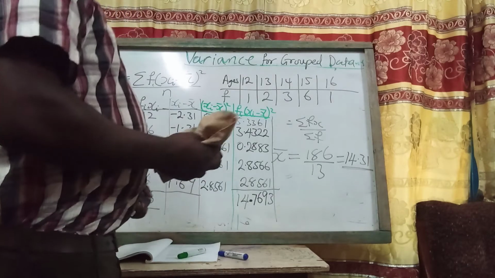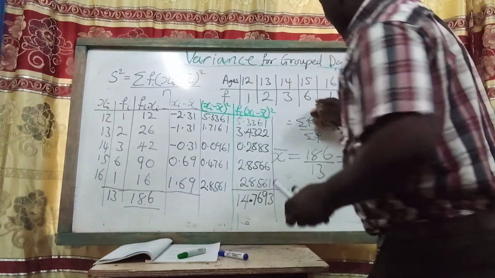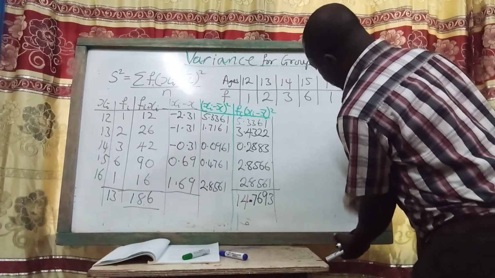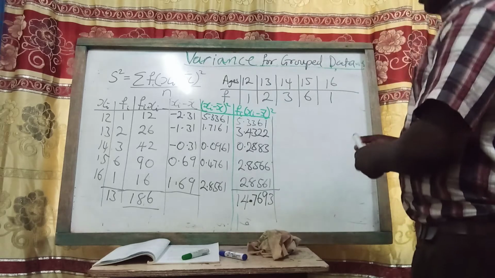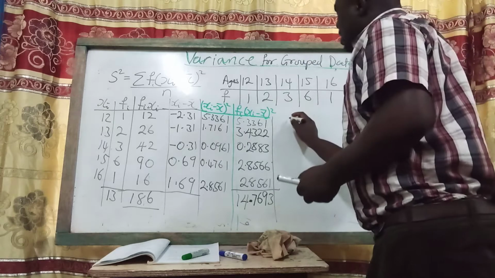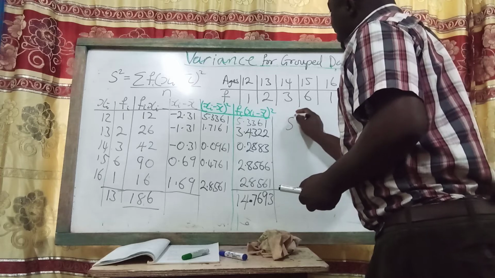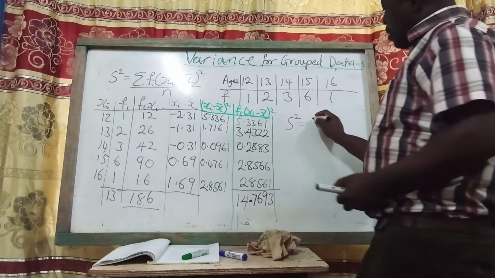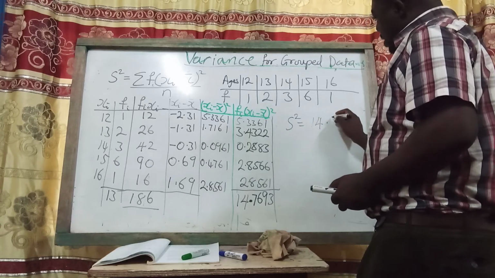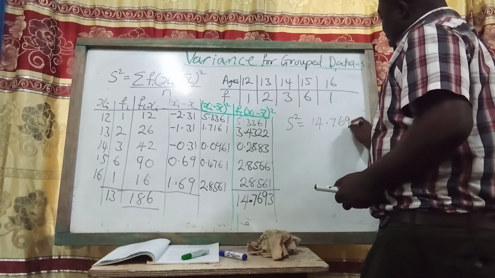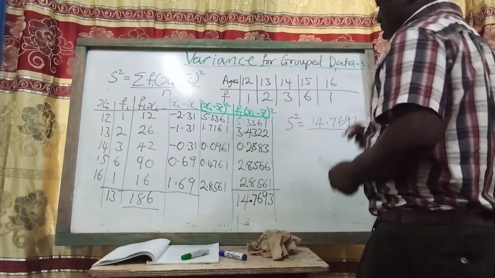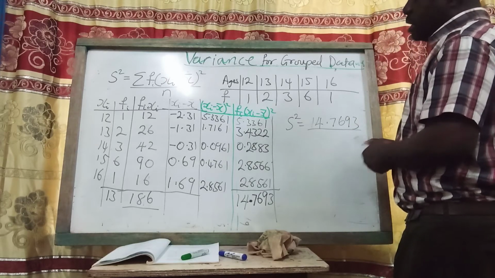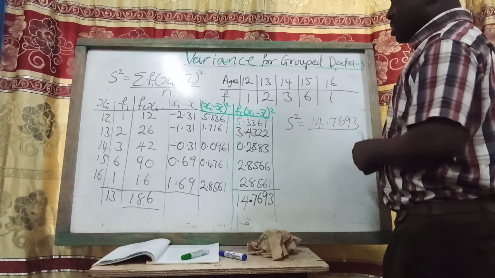So we get 14.7693. We therefore, from our formula, let me clean the mean. From our formula, the variance is given as the summation of this, which is 14.7693, divided by the total number of frequencies, or the total frequency.